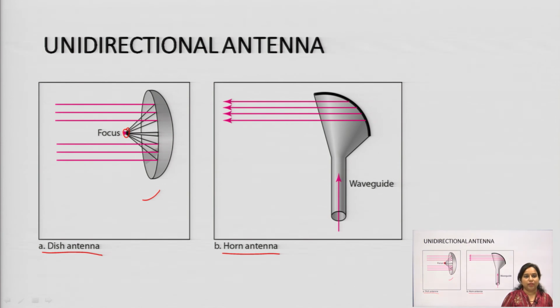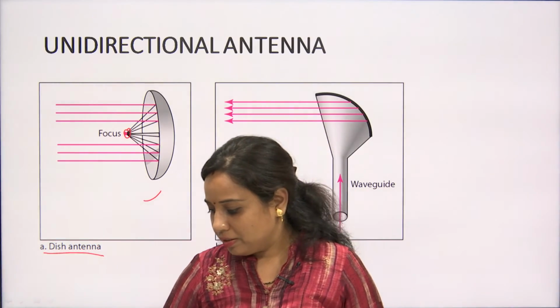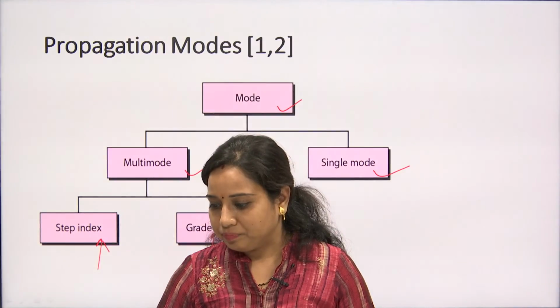Then we have seen the unidirectional antenna which is of two types, the dish antenna and the horn antenna. The dish antenna is going to focus the energy on a single focal point, then the horn antenna has the shape of this horn, and it is connected through a waveguide, and the direction of the pulse is shown over here. So, let me just remind you once again.